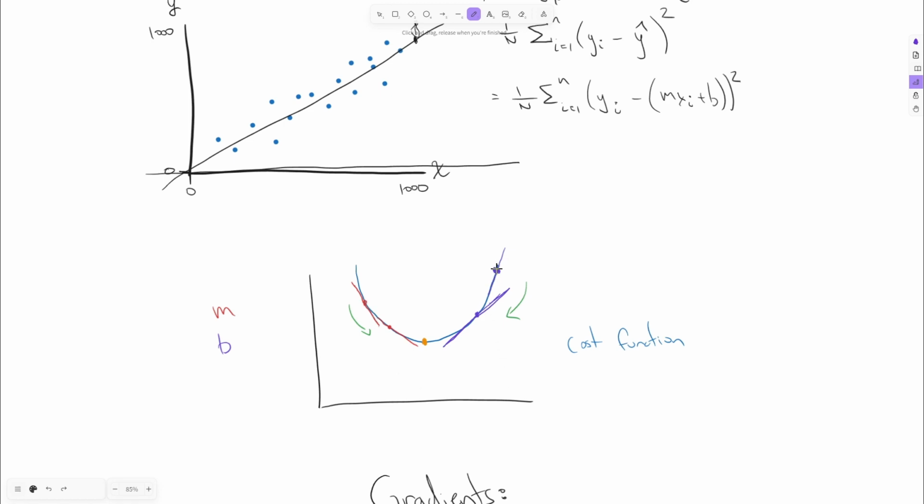If we start here with the b value, so we take the derivative of the cost function again, but this time with respect to the variable b, our y-intercept, we see that our gradient is actually positive. So it's heading up in the upwards direction, which means that if we increase b, we're actually going to be increasing our cost function output, which is bad. So in that case, you actually would travel in the opposite direction of the gradient to approach this minimum point on the cost function curve.